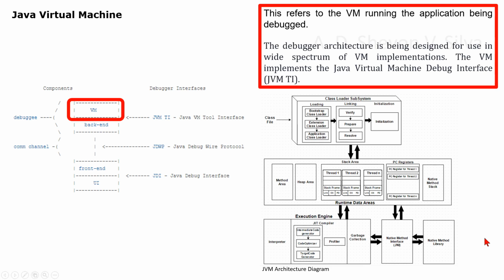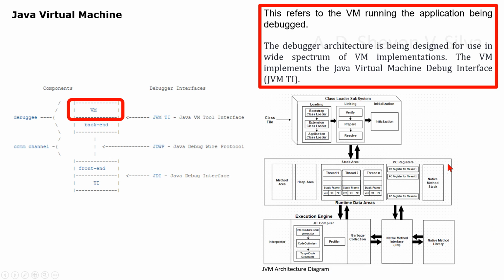As shown in this architecture diagram, the JVM is divided into three main subsystems: class loader subsystem, runtime data area, and execution engine.